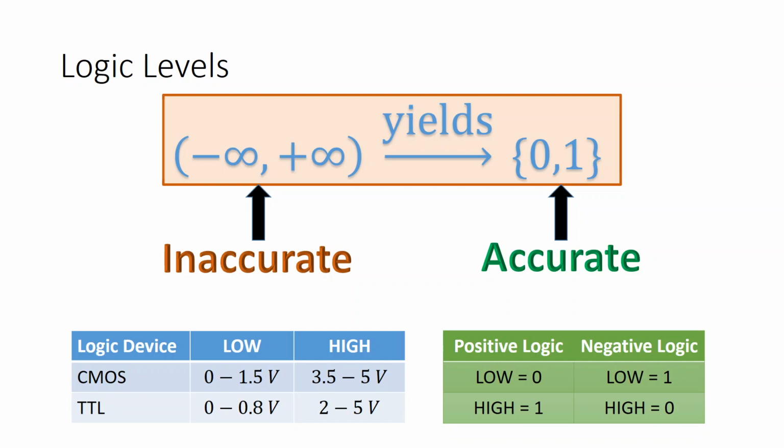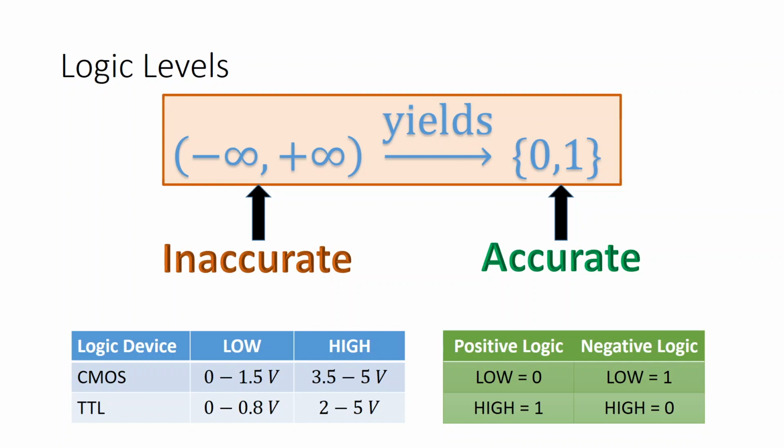We don't need an exact value of the voltage; a voltage within a particular range can be classified as high voltage, and a voltage in another particular range can be classified as low voltage. Whenever we see a low voltage, we interpret that low value as 0, and whenever we see a high voltage, we interpret that high value as 1. So this interpretation has to be done.